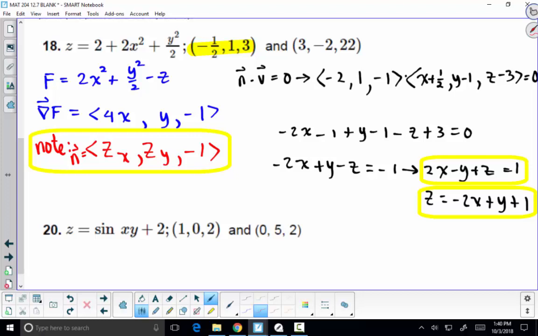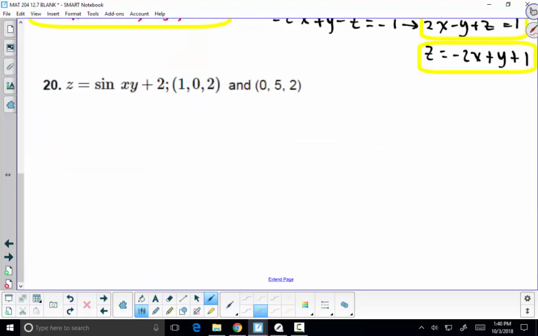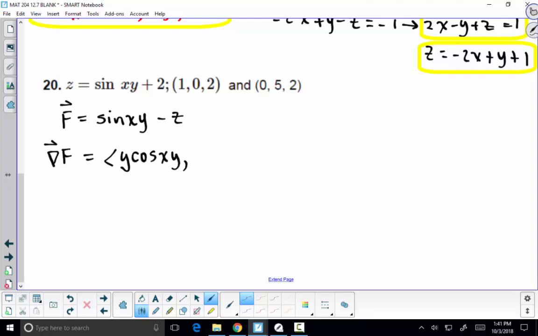Let's observe it in the next problem. So when we look at this one, if we build the parent function by subtracting z, and let's just ditch the 2 there, then our gradient is going to be, we partial it with respect to x, and we're going to get y cosine xy. And then partial it with respect to y, we're going to get x cosine xy.